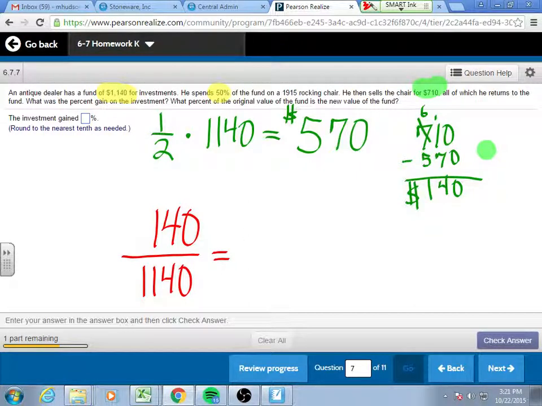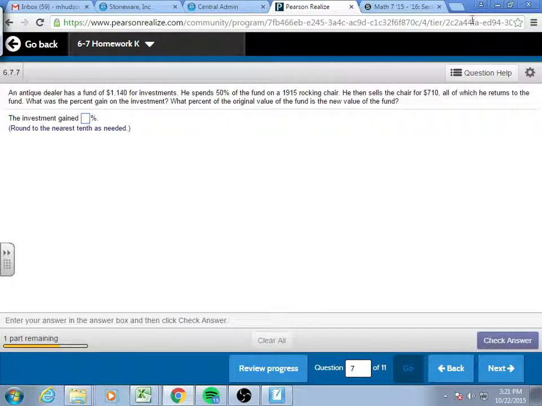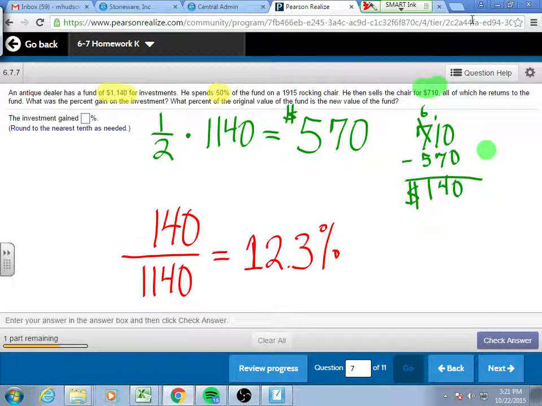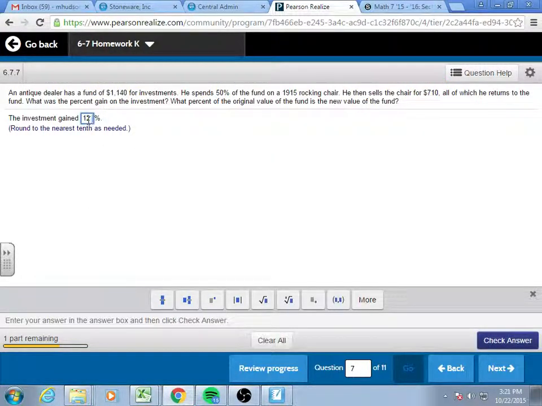After I multiply by 100 and make it a percent, I get about 12.3% gained. I'll check my answer just so you guys know. That's how much money we gained from selling that chair. 12.3.